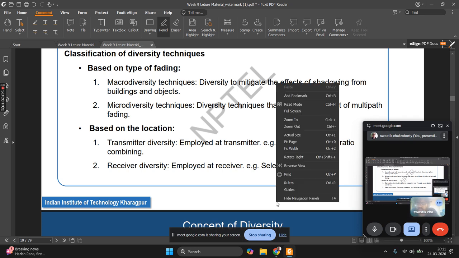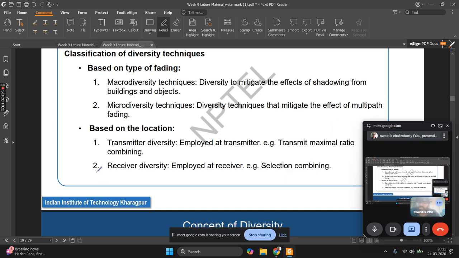So you will send in a radically different path so that you can avoid the particular blockage. Whereas micro diversity techniques will have less difference among the signals, but are only equipped to handle multipath fluctuations and not entire blockages.